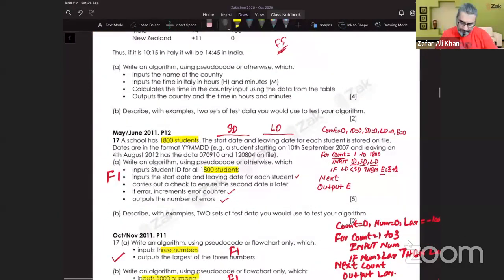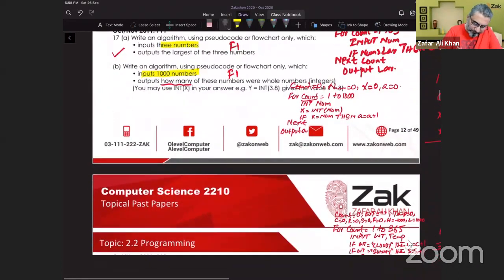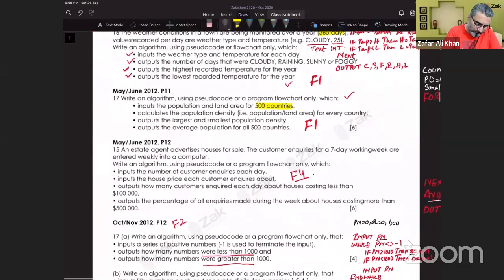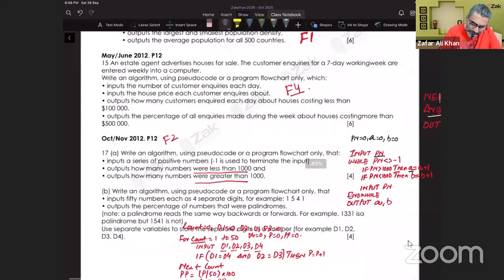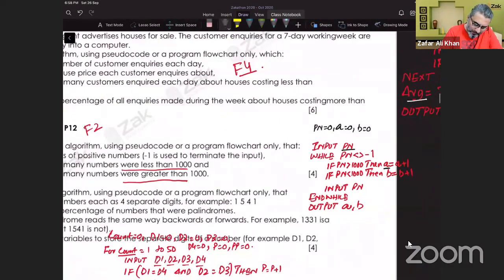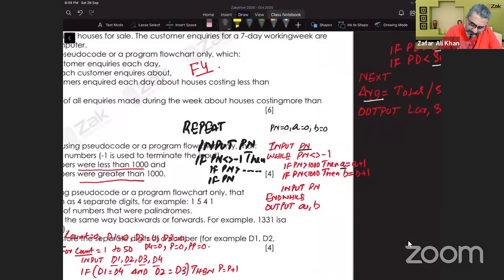This question. Again, it will be the same here: input positive number inside repeat. If positive number is not equal to -1, then inside it we write if positive number is greater than 1000, if positive number is less than 1000, and then we will do the end if thing.